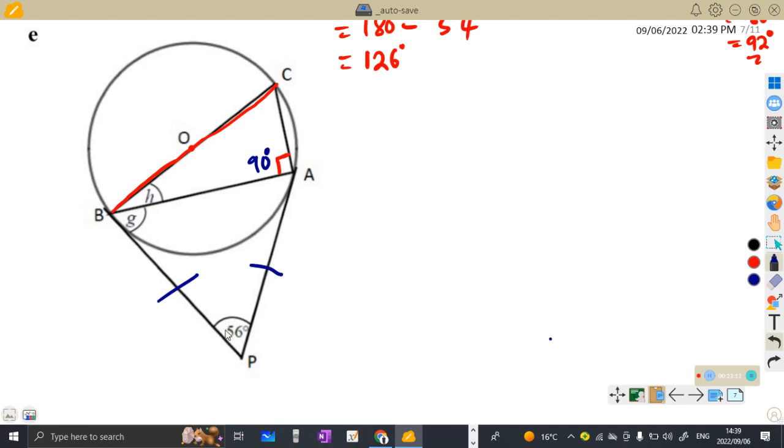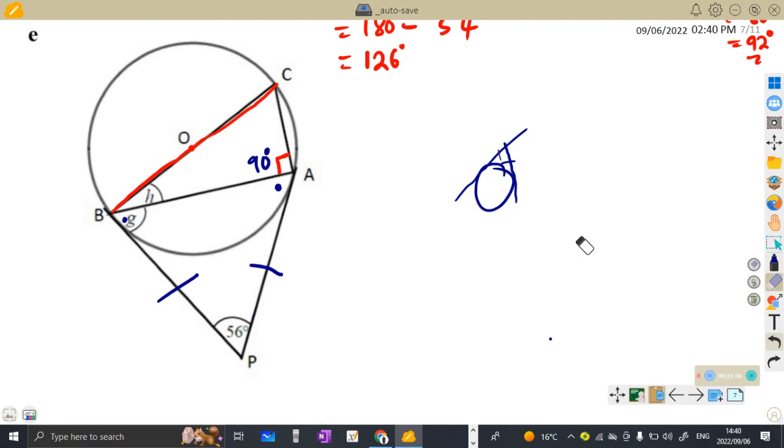So BP is the same as AP. If BP is the same as AP, it means this angle at B is the same as this angle at A. These two angles are equal. So we can use that concept, and we can find the angle.